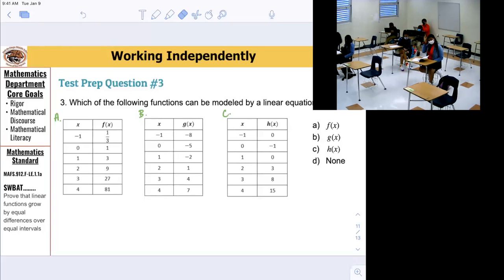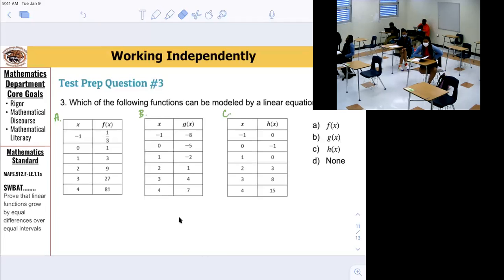I have 9 votes. And that's time. All right.